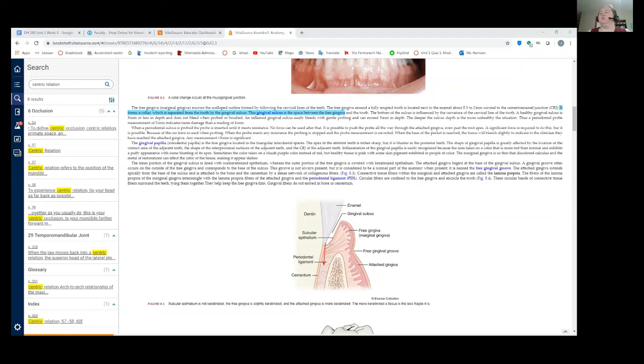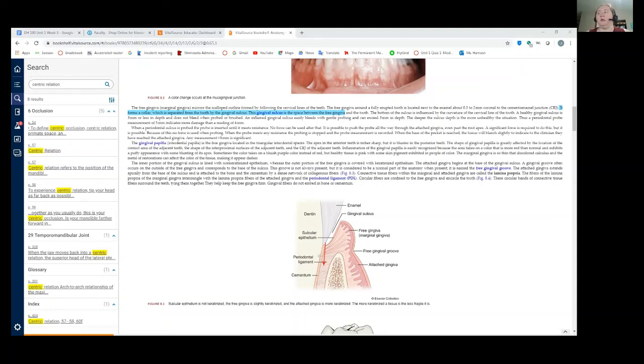Okay, so what's going to happen is this attachment, this junctional epithelium in health stays near the CEJ. But what happens in disease, if bacteria gets in there, it's going to start to destroy that junctional epithelium, thus destroying the bone and the periodontal ligament.